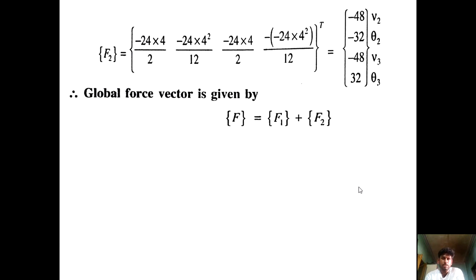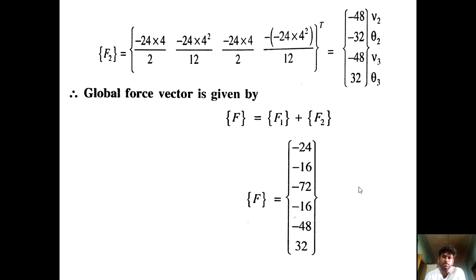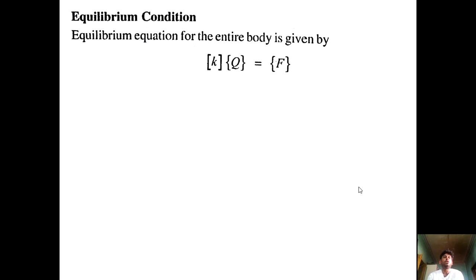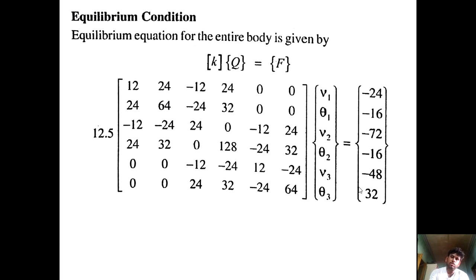If I add these two elemental force vectors, I get the global force vector, F equals F1 plus F2: minus 24, minus 16, minus 72, minus 16, minus 48 and plus 32. I have the global stiffness matrix, the displacement vector and the load vector, and therefore the equilibrium equation will be K into Q equals F. If I substitute those values, it will be like this.